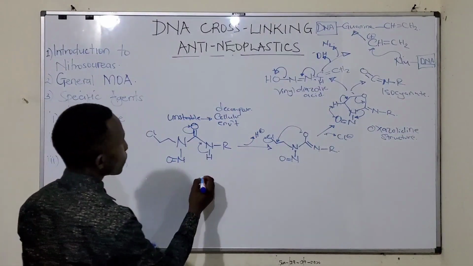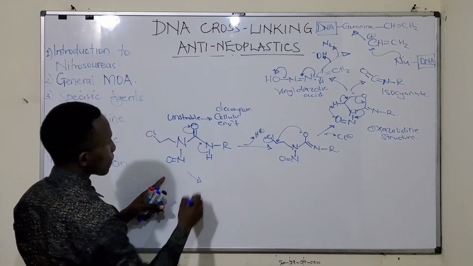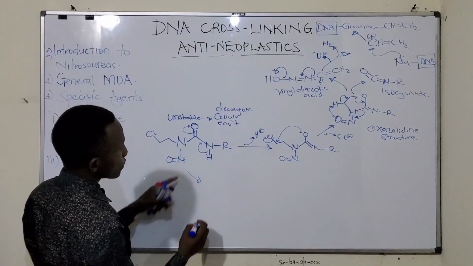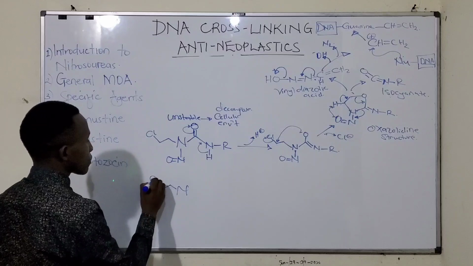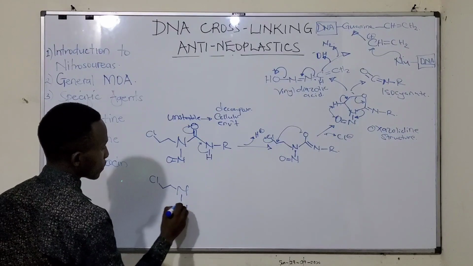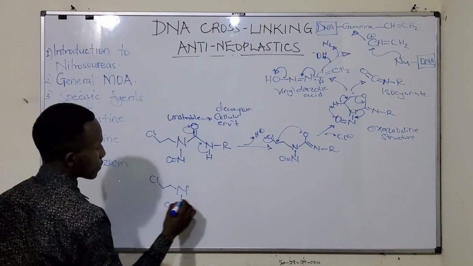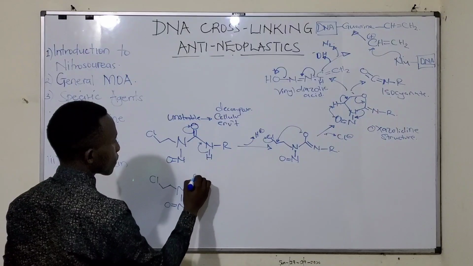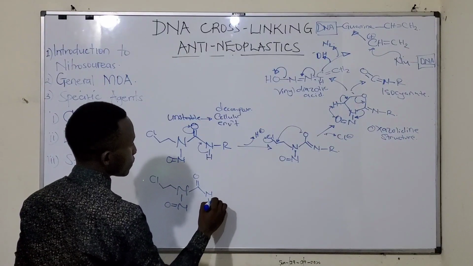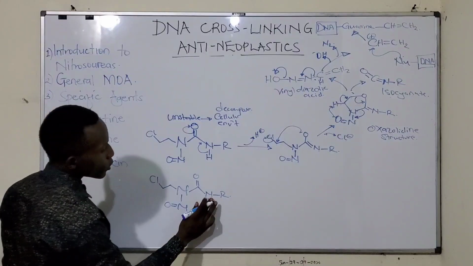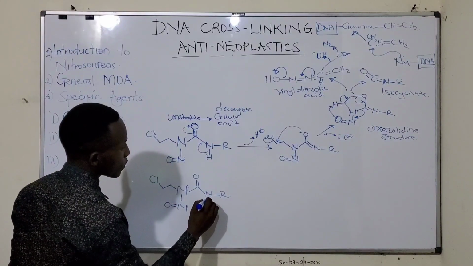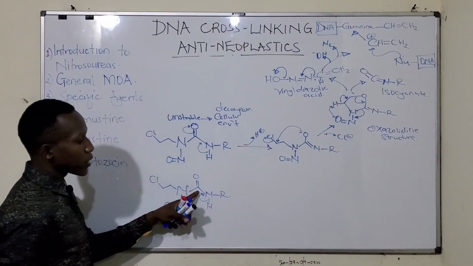The second pathway, we may have this. When you lose the proton, let me write it. We're having this. When we lose the proton, this proton, we are forming a double bond here.